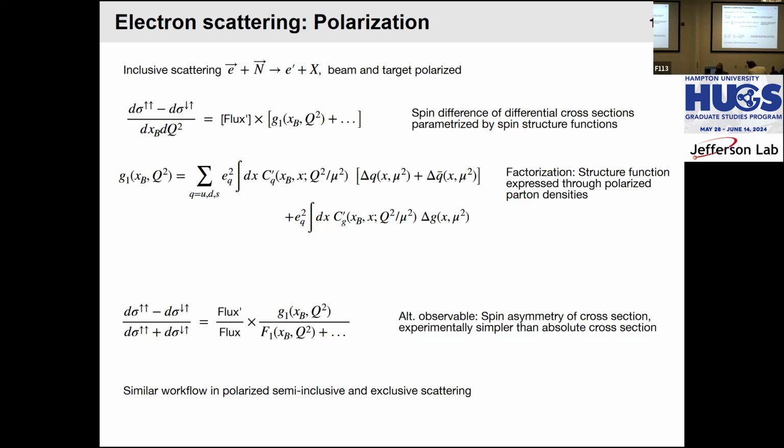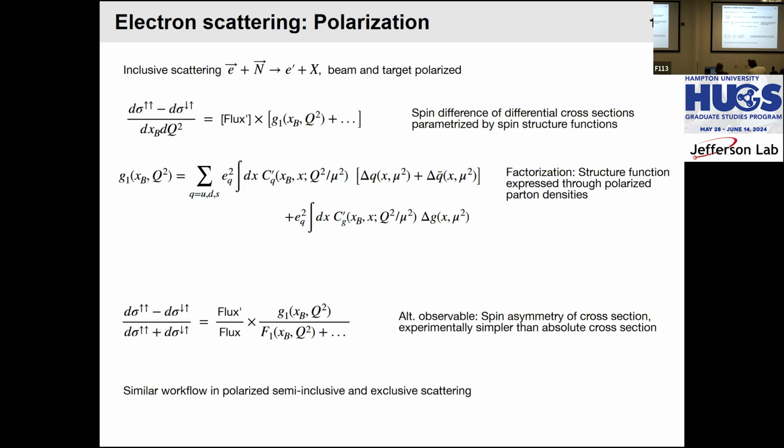Now the basic observable is the spin difference of the differential cross section, where we reverse, for example, the target spin or the beam spin, while the other one remains in the same spin state. The spin difference of the cross section is parameterized by so-called spin structure functions. And then same story again, we can apply factorization to the polarized cross section.